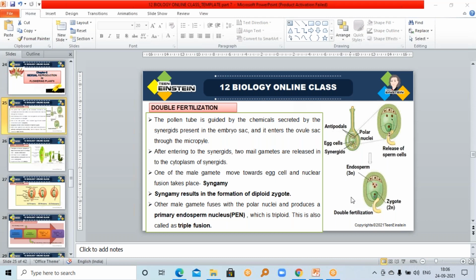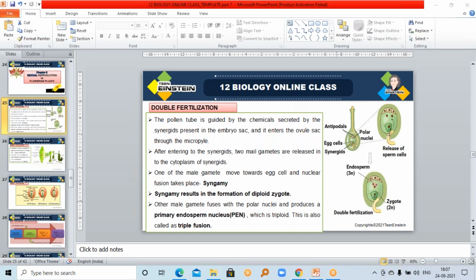So all those procedures we have already discussed. Each male gamete is haploid. The 2 haploid male gametes have 1 set of chromosomes, that's why they are called haploid. They have n number of chromosomes.